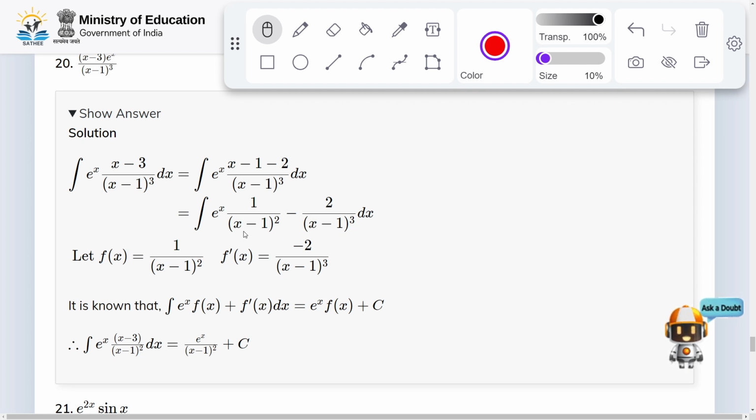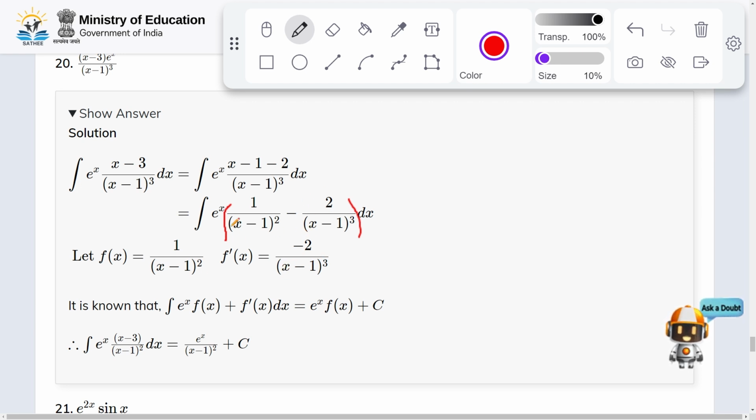Brackets here. Clear? Now the derivative of 1/(x - 1)², if f(x) is this, the derivative will be minus 2 divided by (x - 1)³, the same thing which is written over here.